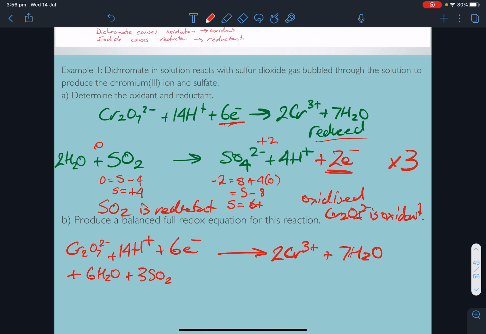And I need 3 lots of the one below. So 3 sulfates, and 3 times 4 H pluses is 12 H pluses, and 3 times 2 electrons is 6 electrons. That's good. I was hoping for 6.